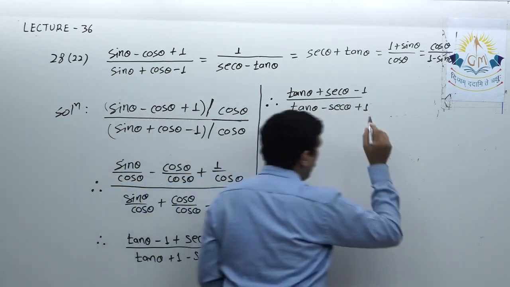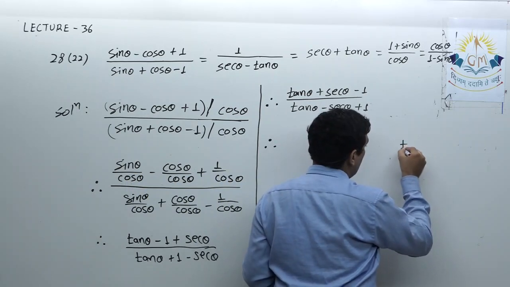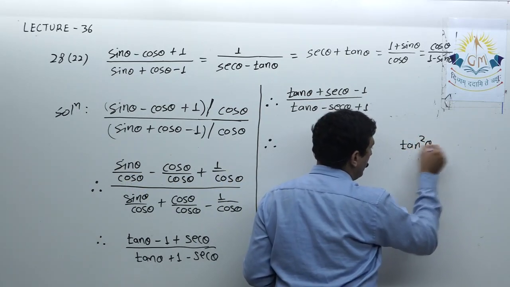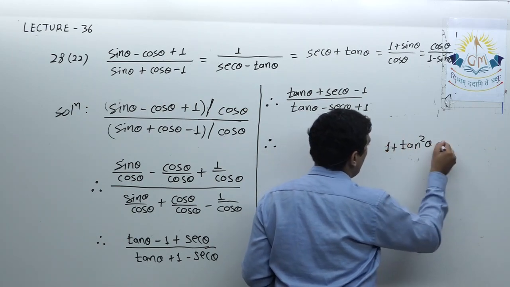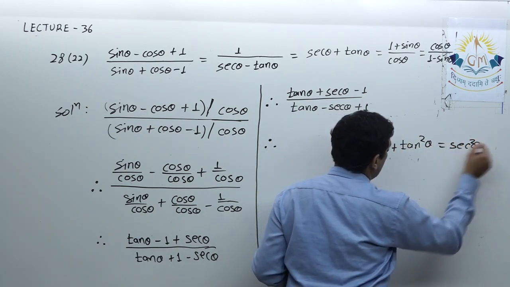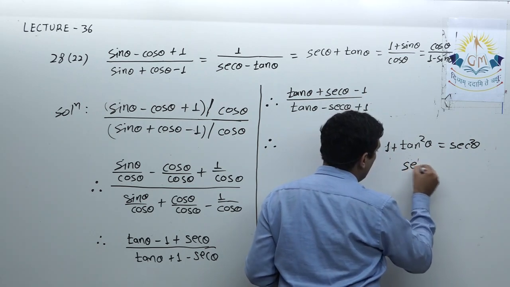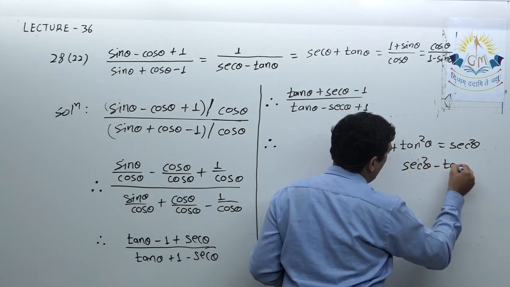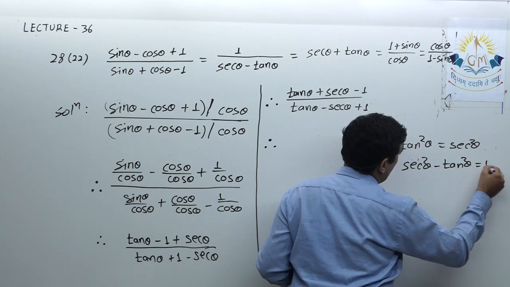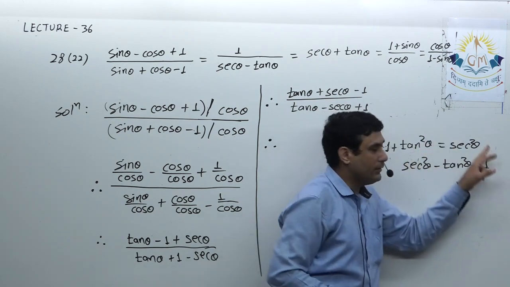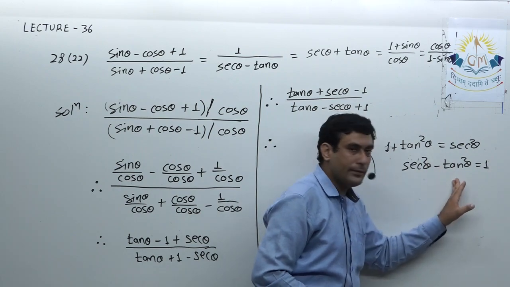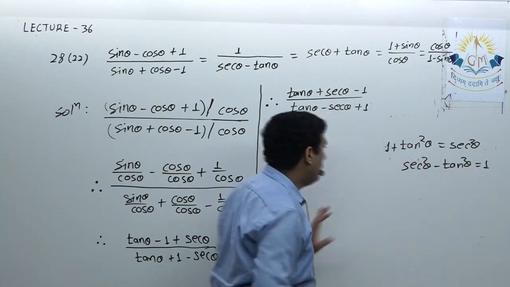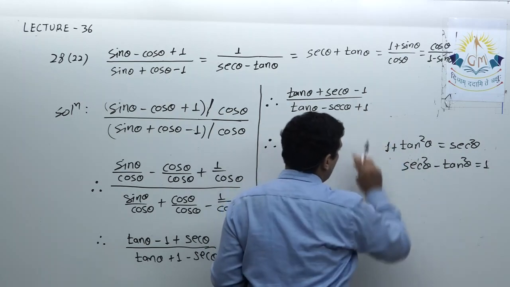Now we have an identity that 1 plus tan squared theta is equal to sec squared theta. So from here I can write sec squared theta minus tan squared theta is equal to 1. If I take this tan squared theta on that side, it will become sec squared theta minus tan squared theta is equal to 1. So in the place of 1 I write this.